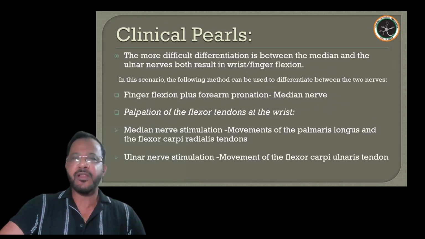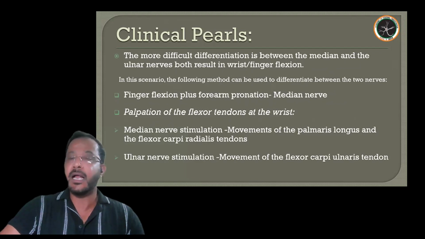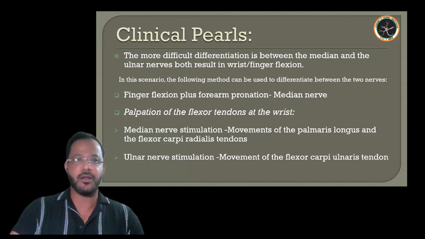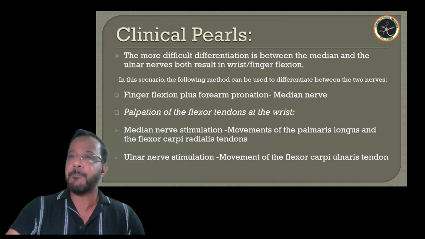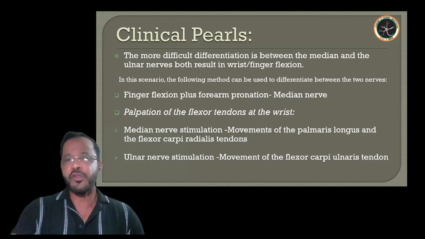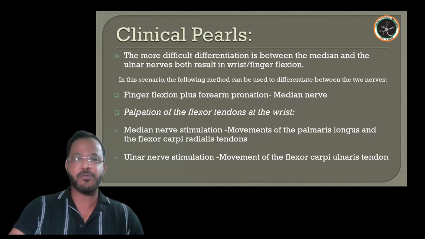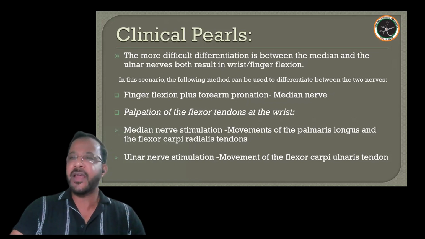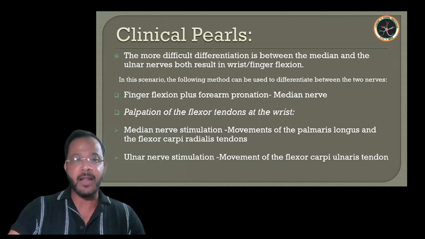The more difficult differentiation is between the median and ulnar nerve, because both result in wrist or finger flexion. In this scenario, the following methods can be used to differentiate between the two nerves. If you are getting finger flexion plus forearm pronation, it means it's a median nerve response. Or suppose you have difficulty identifying the median and ulnar nerve response, palpation of the flexor tendons at the wrist can help you.